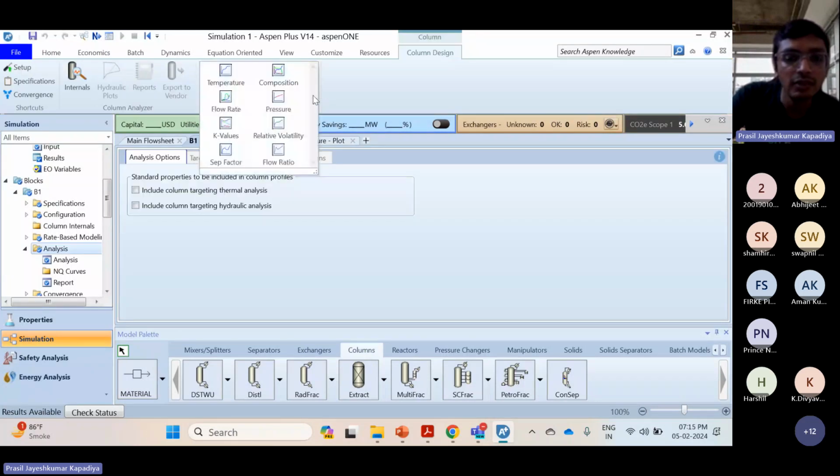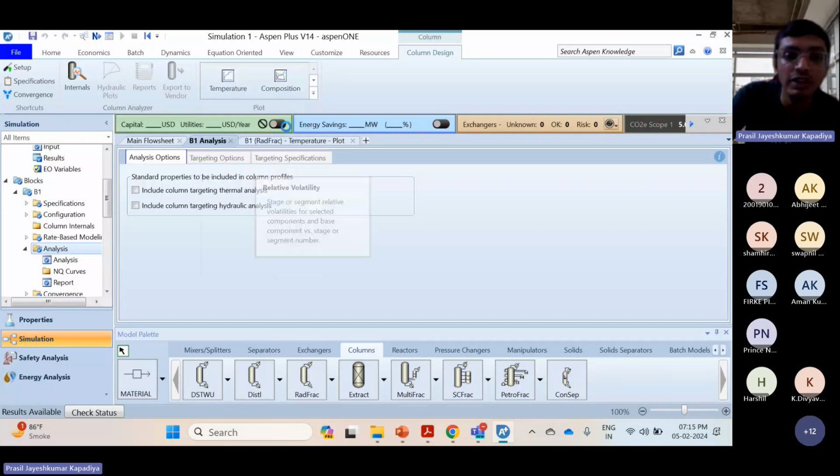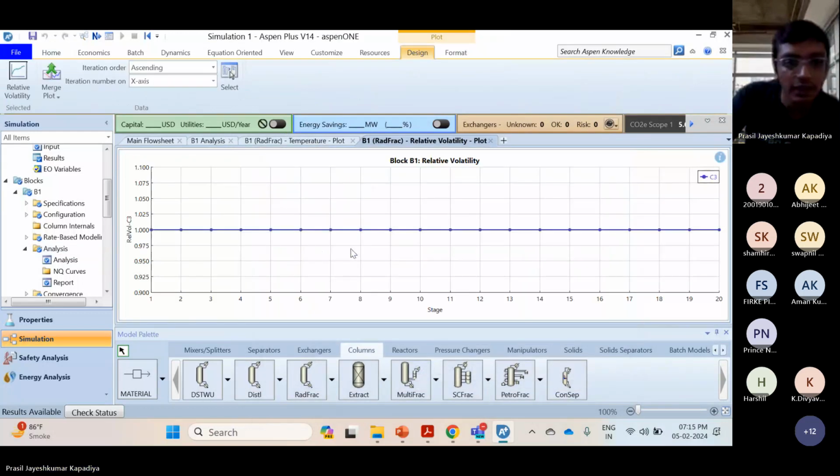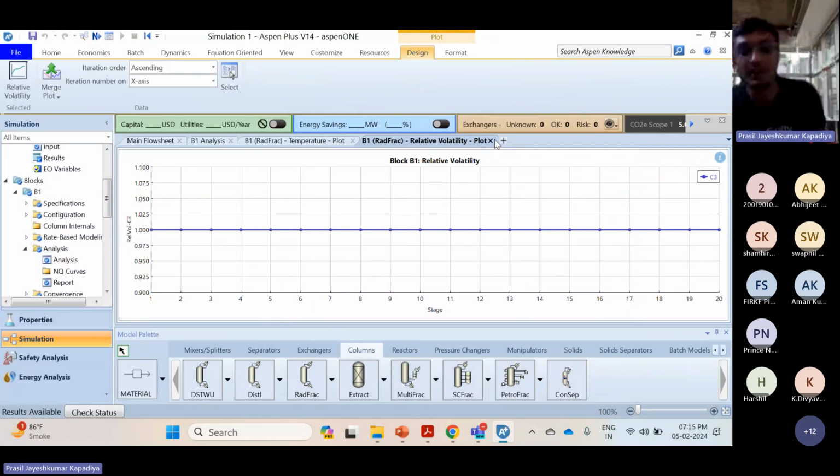What else we can see? Flow rates we can see, K values we can see, relative volatility we can see. It will ask for a component, let's say C3. Okay, C3 is the lighter component, that's why it's the reference component. So there its relative volatility they have taken as 1.